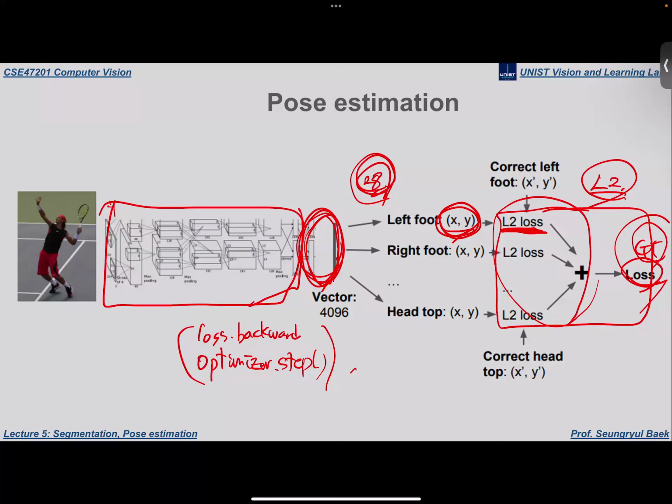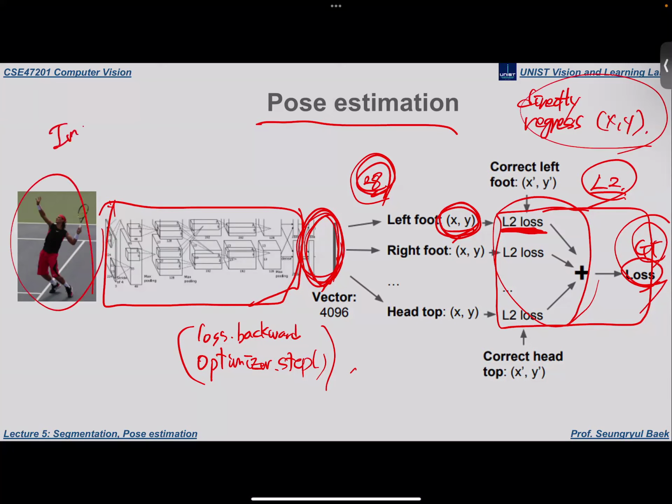So previously, when achieving the pose estimation application, we directly regressed the XY coordinates from the image. We directly mapped it to a 28 dimensional floating vector, which describes these XY coordinates.